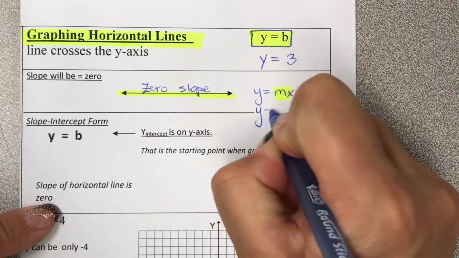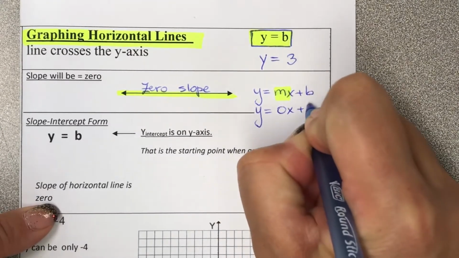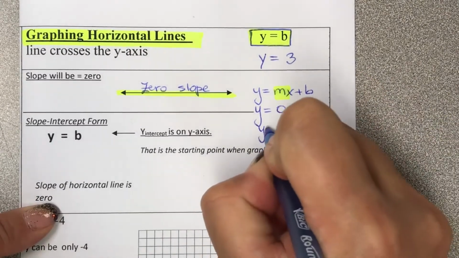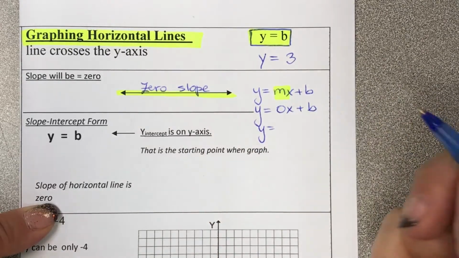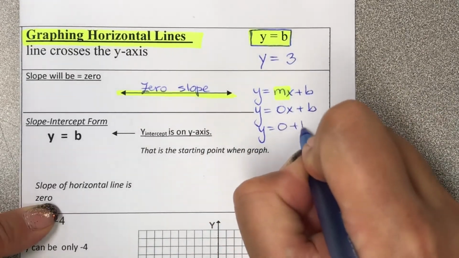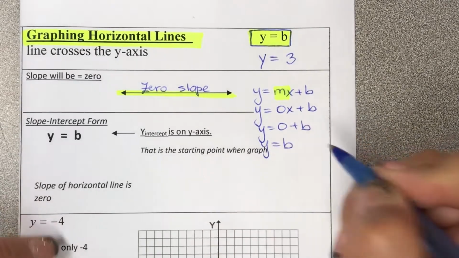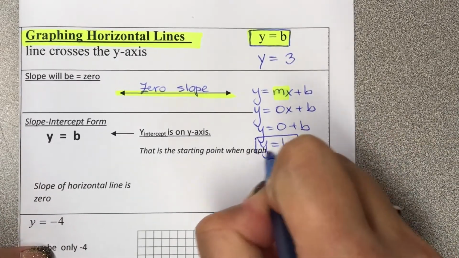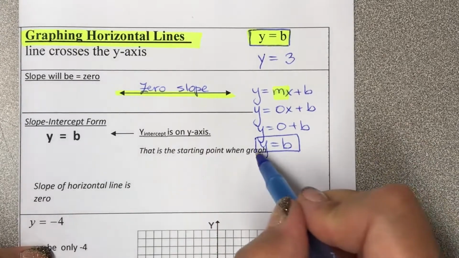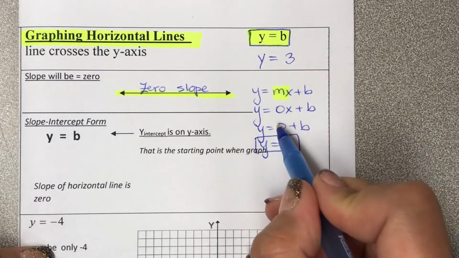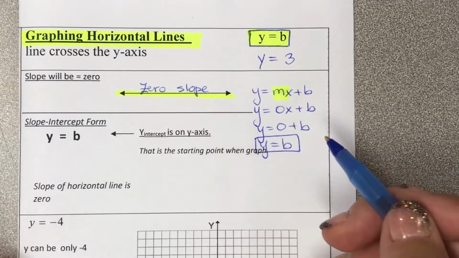So if I say 0x plus b, then 0 multiplied by x equals 0, and 0 plus b equals b. So the equation of any horizontal line is just y equals b because the slope is 0.